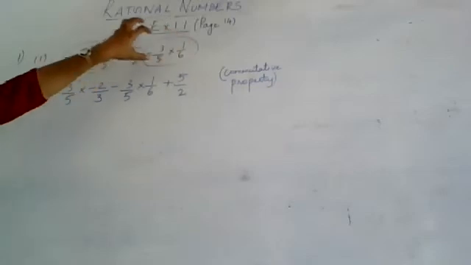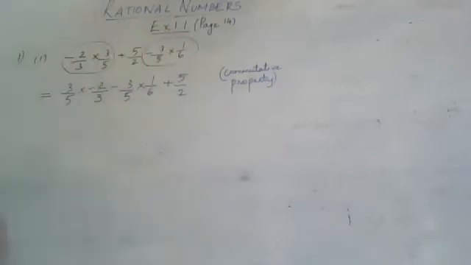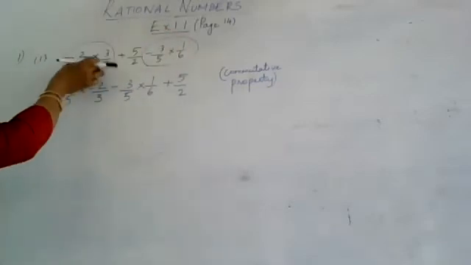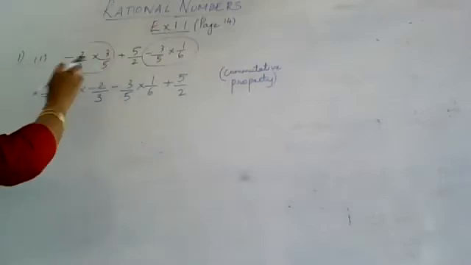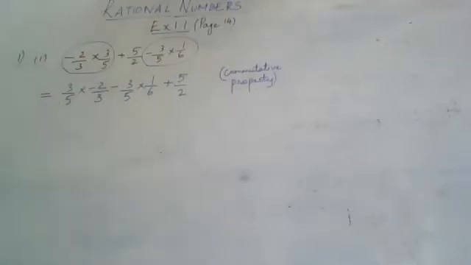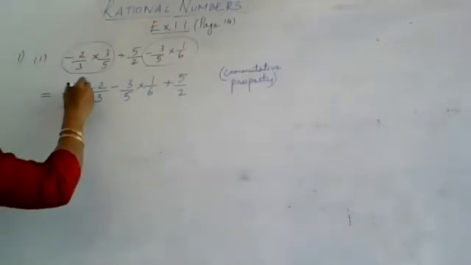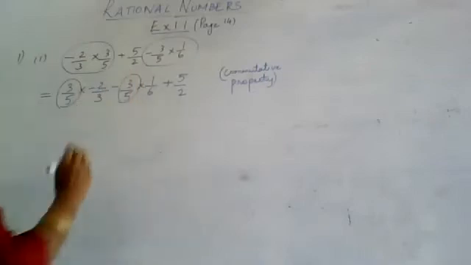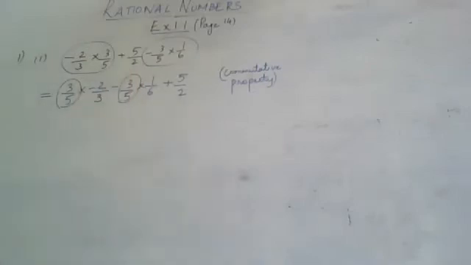I brought this multiplication here and I pushed the 5 by 2 to the other side. Here I made a small change of A into B is written as B into A. Now look, again I have something. That is 3 by 5 is getting multiplied with 1 by 6 and negative 2 by 3.